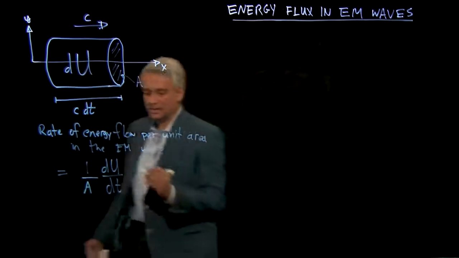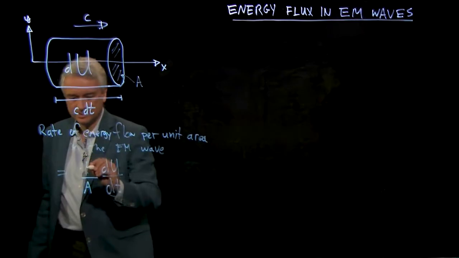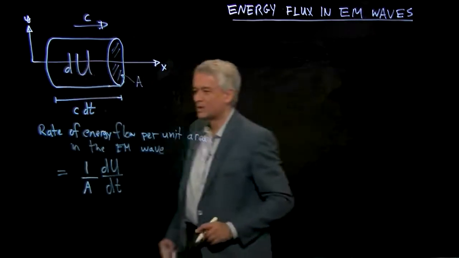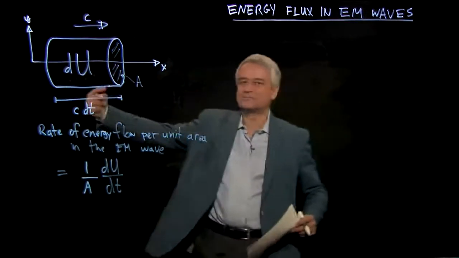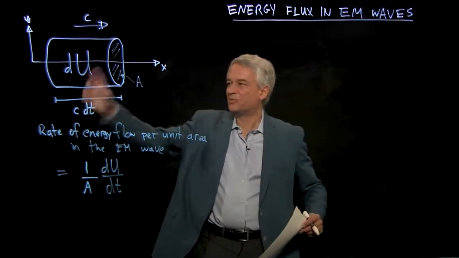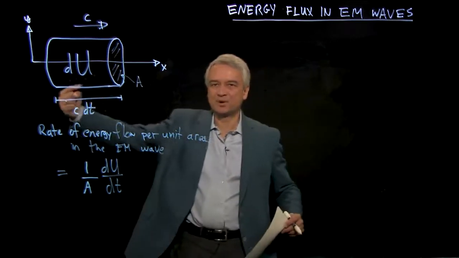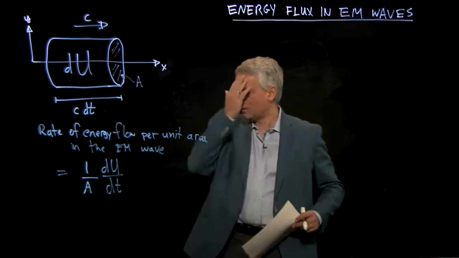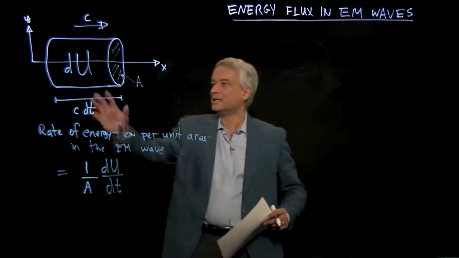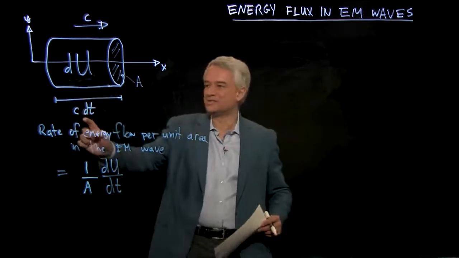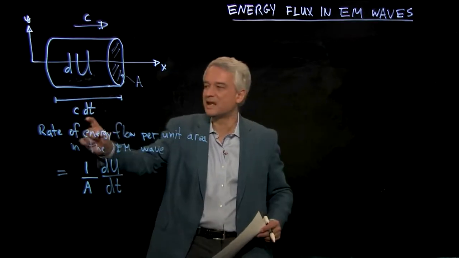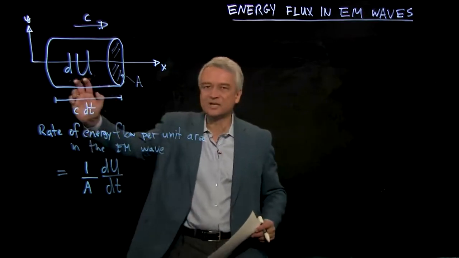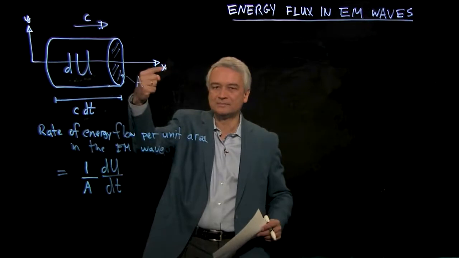So the rate of energy carried by this electromagnetic wave through this piece of cross-sectional area per unit area, well, that will be the amount of energy in this cylinder, which is c dt long, because in a time dt, it's this much energy that's going to go through this piece of area.